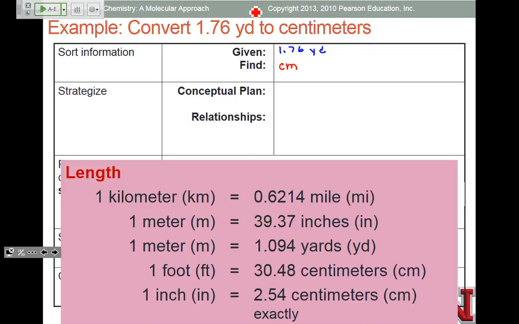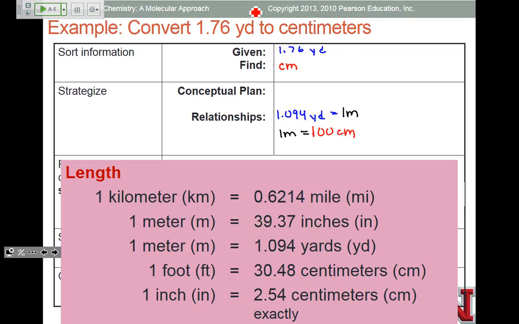Again, you don't necessarily have to memorize these. I would give them to you if they're important. But looking at this table, I see that I don't directly have a conversion from yards to centimeters, but I do have a conversion that 1.094 yards equals 1 meter, and I know that 1 meter equals 100 centimeters.